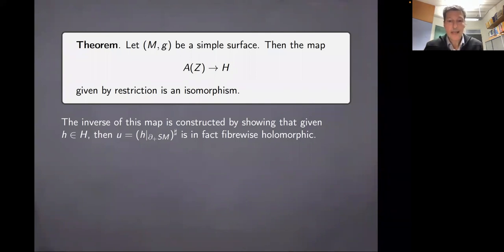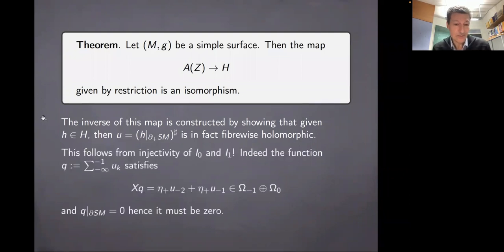So I have an element in H, so this is a function on the boundary of the unit tangent bundle, and I consider the first integral that it determines. It determines a C-infinity first integral, but then you ask yourself the question, is it fiber-wise holomorphic? And indeed it is, but why?